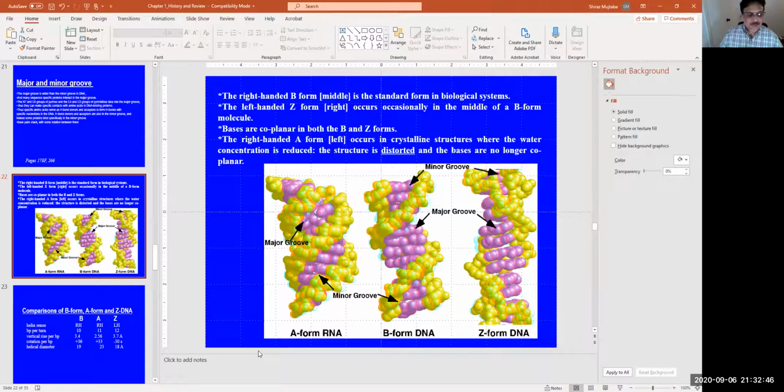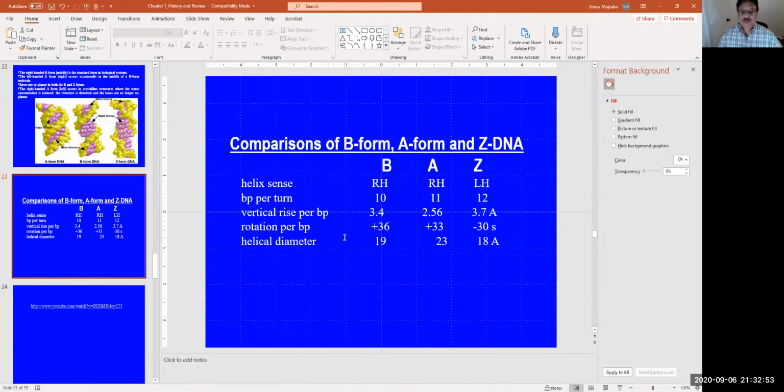The next slide is a very important slide, which says that there are three forms of DNA: B form DNA, which is the native DNA, A form DNA, and Z form DNA. These three forms of DNA could differ based on 5 parameters.